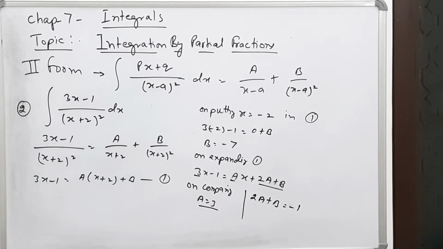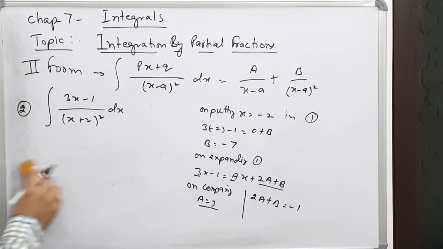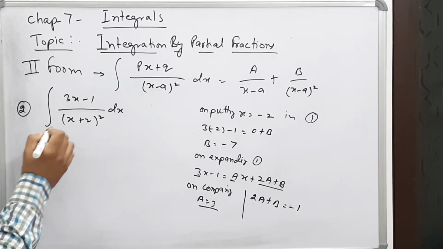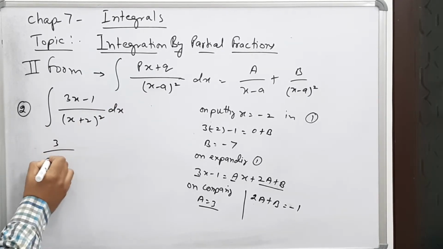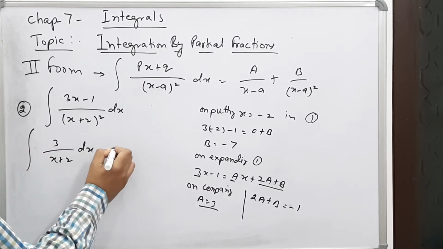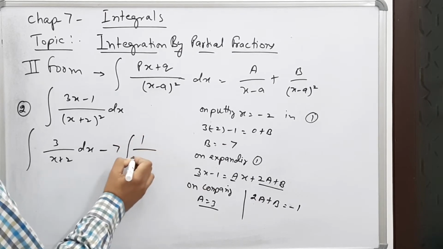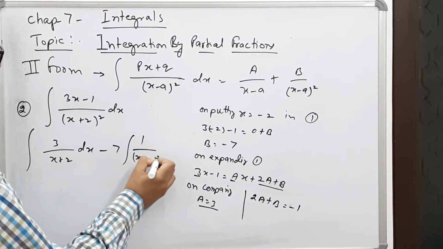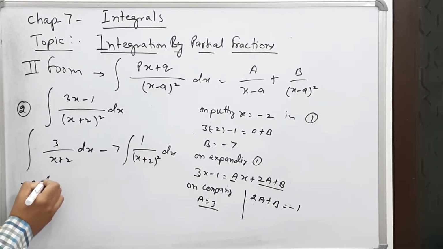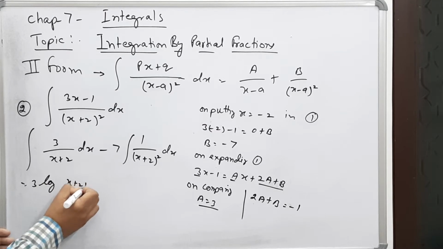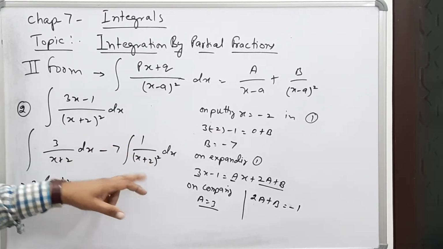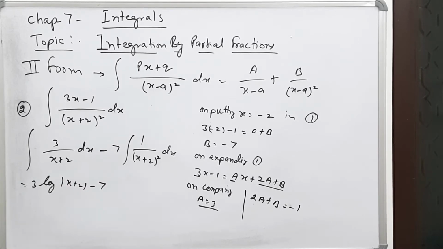Now I am coming to the integration part. See students, the value of A is 3. So 3 upon (x + 2) dx minus 7 times 1 upon (x + 2) whole square dx. The integration of this is 3 log|x + 2| minus 7 times the integration of 1 upon x square, which is minus 1 upon x.